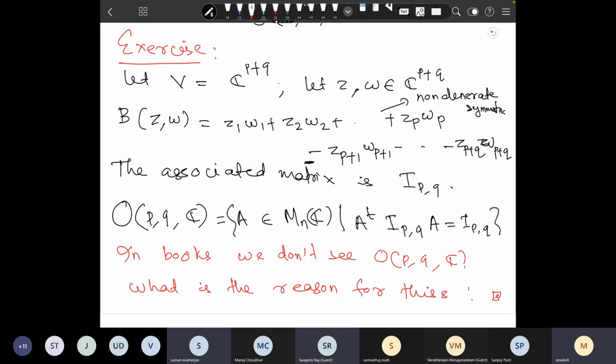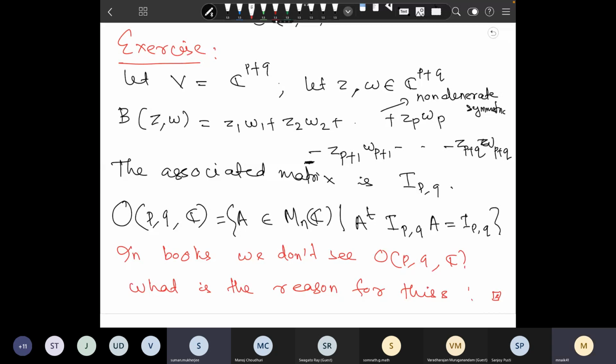For polar decomposition to be true, we also need them to be closed under conjugate transpose, right? Yes, you will see that the groups which we will discuss have those properties.